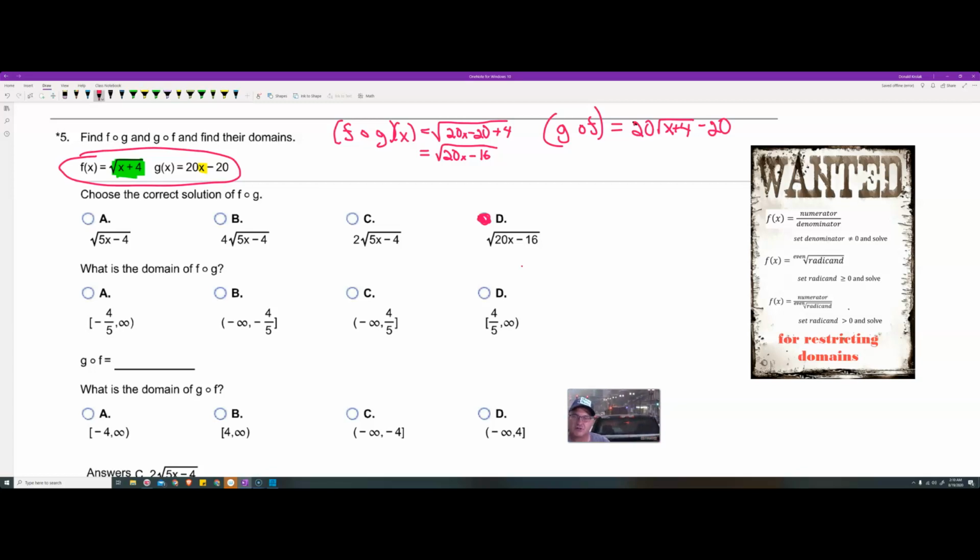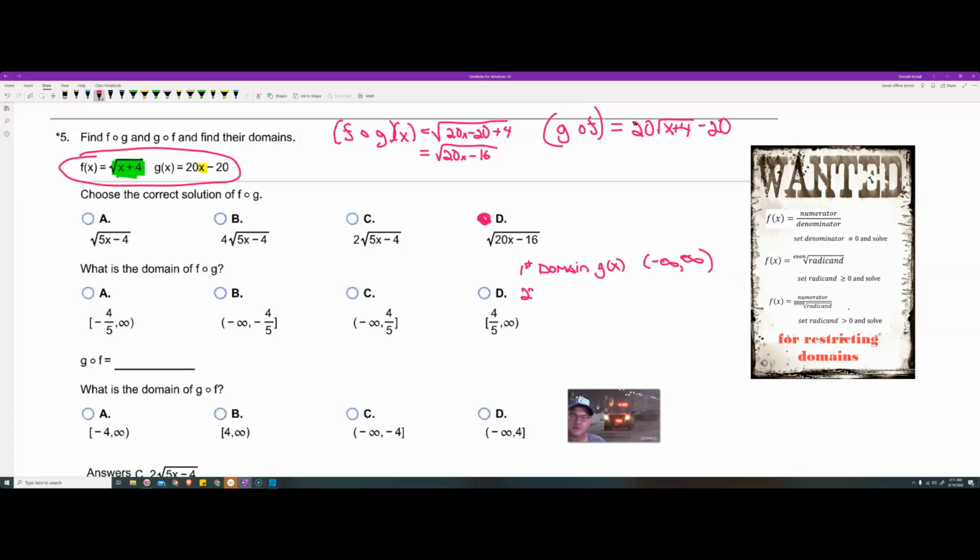In this case, my inner function was g. If I look at g, it's 20x minus 20. There are no restrictions there, so that's just going to be negative infinity to infinity.